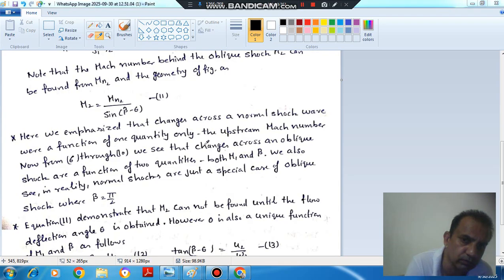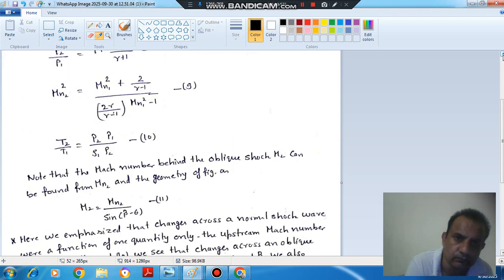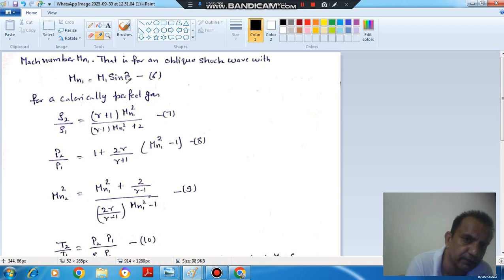In case of normal shock, the pressure ratio, temperature ratio and density ratio were a function of only the upstream Mach number. Now here we need to know two quantities, one is your M1, the other is your beta, to find Mn1, and then we can find the relationship.